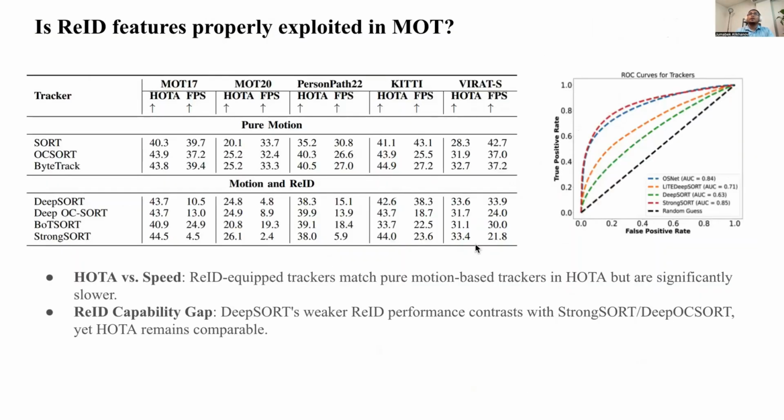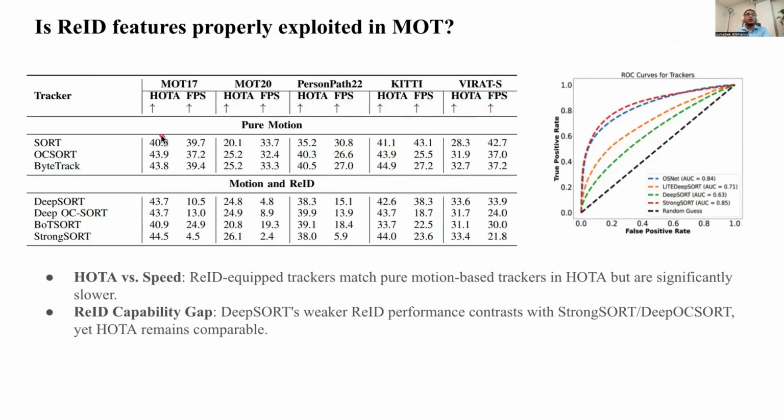Okay, so now another insight Prime suggested really gave us a question, right? When we isolated ReID components and evaluated them with our proposed methodology, we saw that OSNet is actually much better in terms of distinctive power.